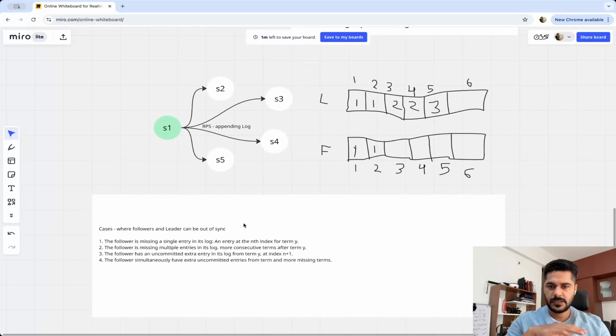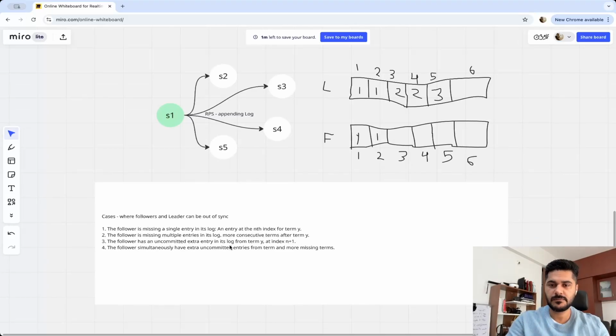How exactly do we take care of these scenarios? Actually, the solution is pretty simple: we need to do a consistency check between the leader and the follower. How exactly it happens is that our leader keeps the next index which it needs to write for every follower, right? Let's suppose right now S1 does not have a next index value for S3, for example.